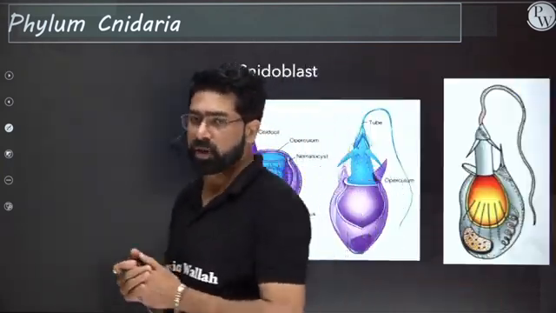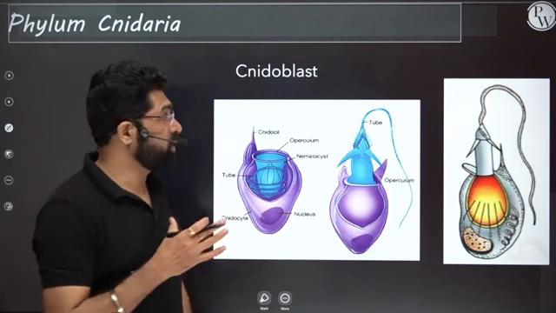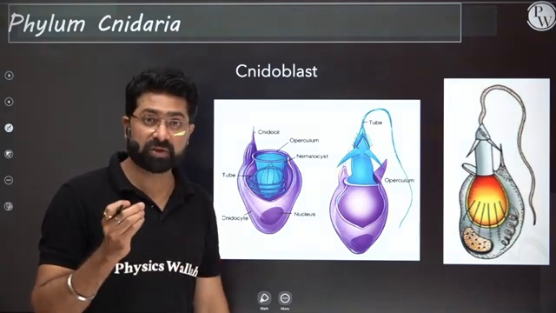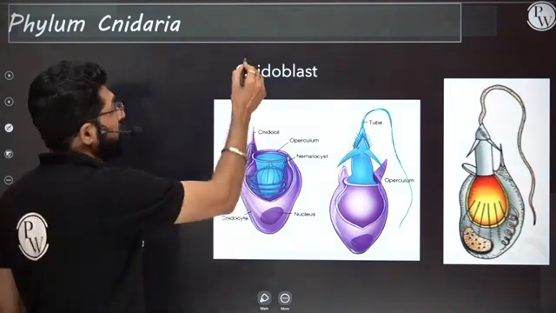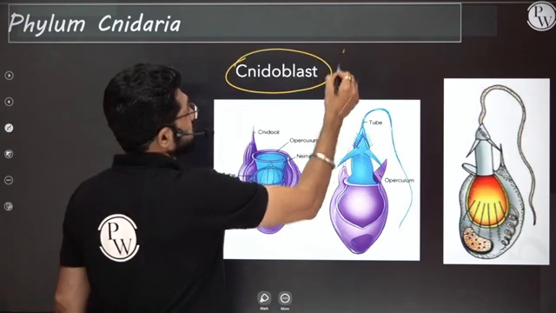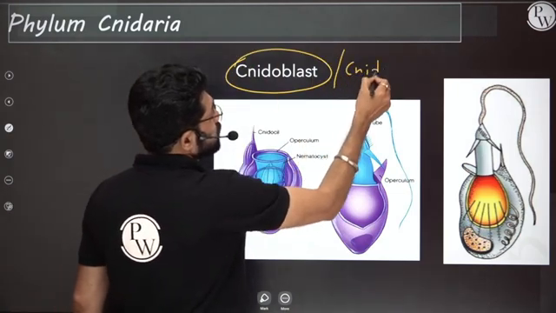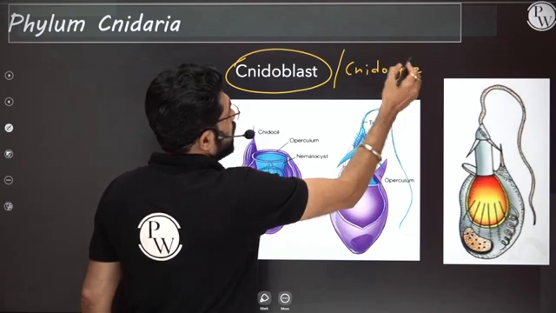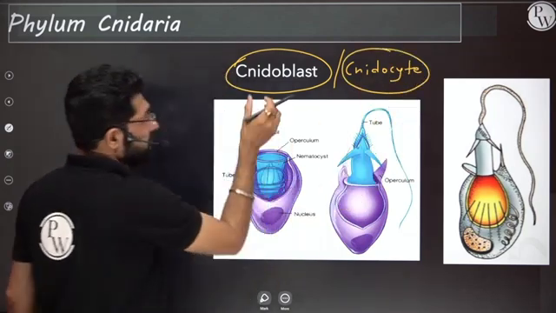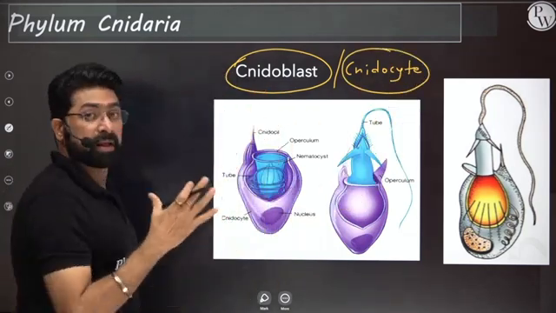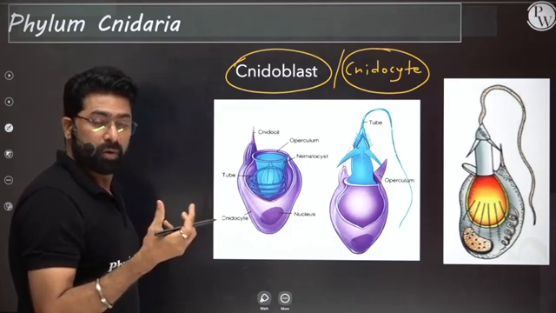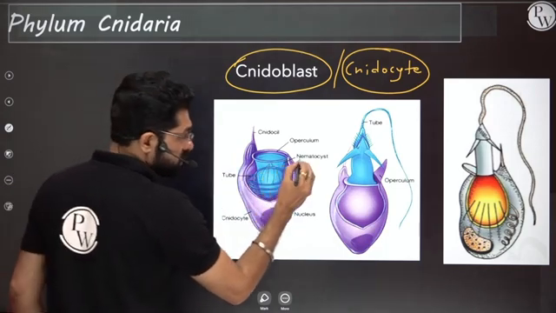Okay, let's move to the very important structure in Cnidarians, that is the presence of cnidoblast. So cnidoblast is also called cnidocyte. It includes nematocyst.